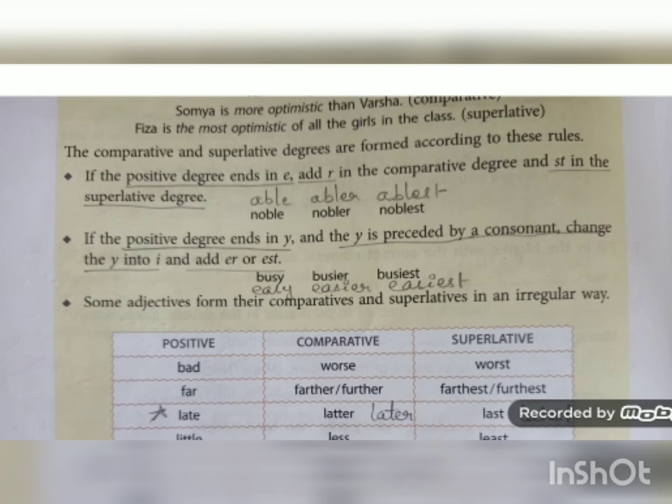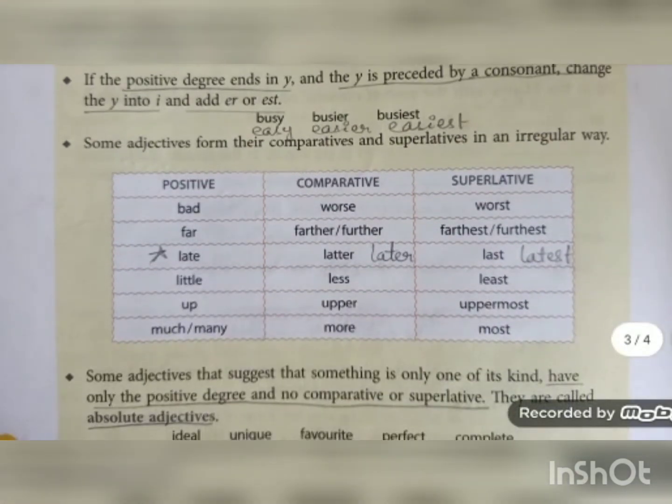Next is, some adjectives form their comparatives and superlatives in an irregular way. Irregular way means the word completely changes. We don't have to add ER or EST to the adjectives given in positive degree. So if bad is given in positive degree, then its comparative degree will be worse and superlative degree will be worst. Next is far. Far in positive degree, comparative degree it will be farther, superlative degree it will be farthest.